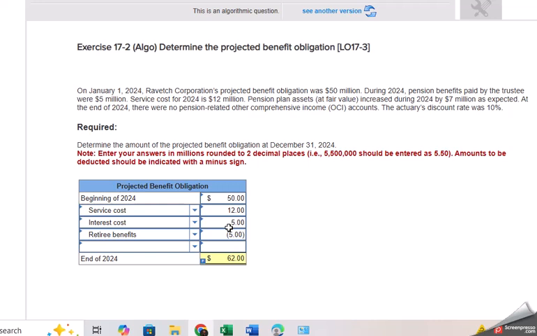That interest cost is going to increase our pension benefit obligation. It would also increase our pension expense if we were doing that side of it. And then the retiree benefits are paid to our workers, so it reduces our obligation. So then we would put all those in and calculate what the ending balance would be at the end of the year.